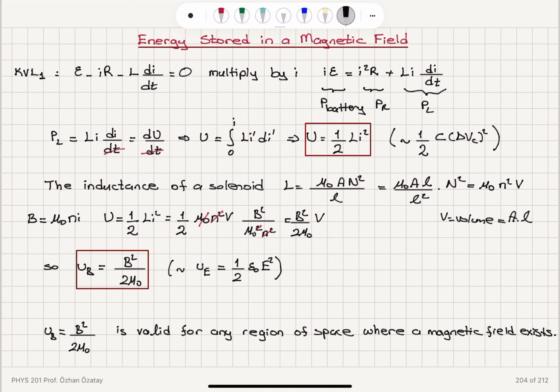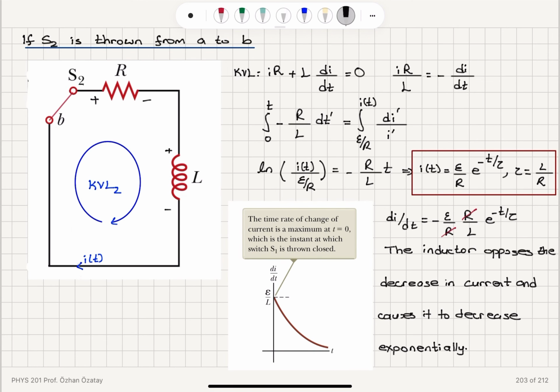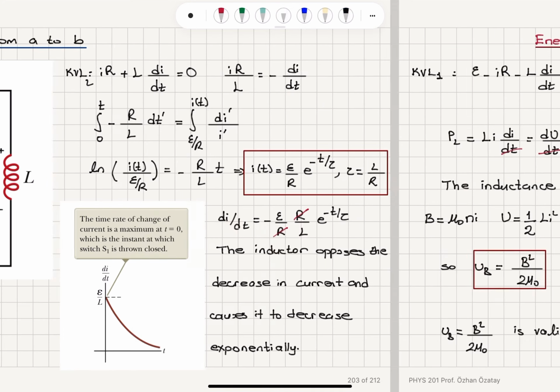Now we can check this result by looking at the second part of our analysis, the second KVL. This is our KVL2, where we found the current to be epsilon over R e to the minus t over tau.